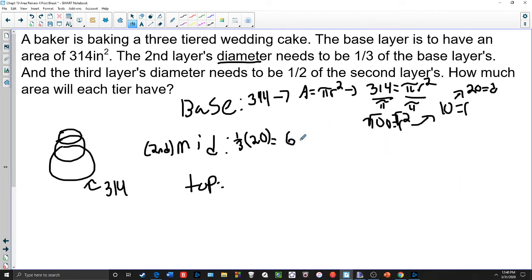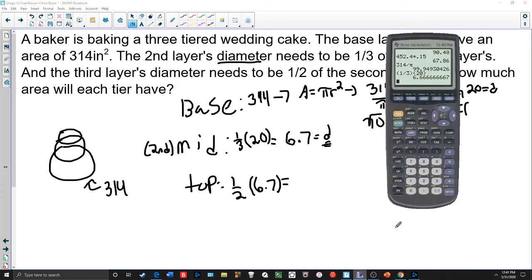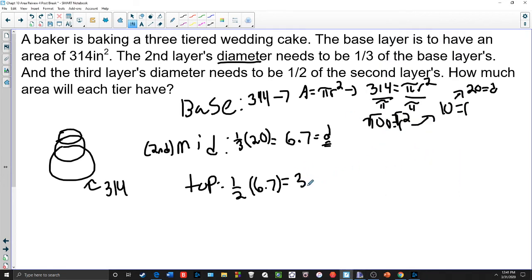That is its diameter, not the radius. For the top layer, we might as well knock this one out too. That diameter needs to be half the second layer's, which we just found is 6.7. So 6.7 divided by 2, which is half, is 3.4, since we're rounding everything to the tenths. So 3.4 is that diameter.